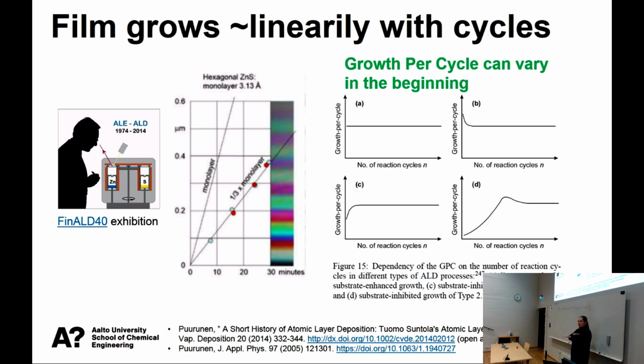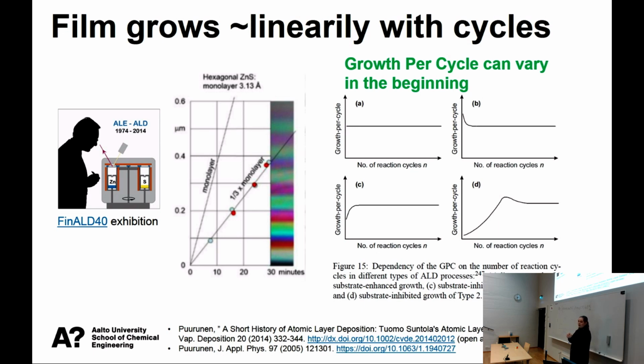And so the first time these molecules come, they see the oxide, they chemisorb in a certain way, then the ligands are removed by some way, and then in the second cycle, the reactant that comes from the gas phase doesn't see anymore the same surface as in the first reaction cycle. So that's why also the amount that chemisorbs can be different.